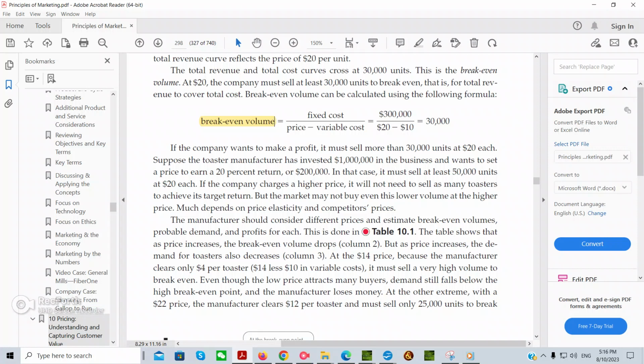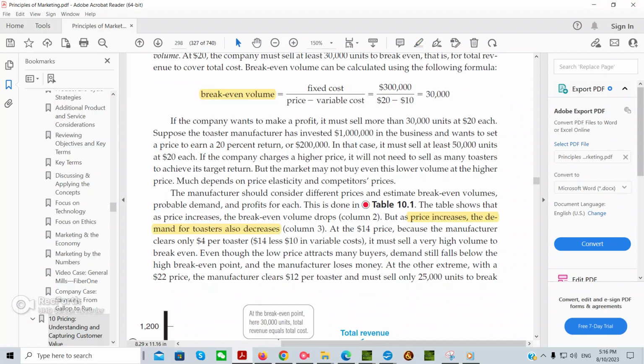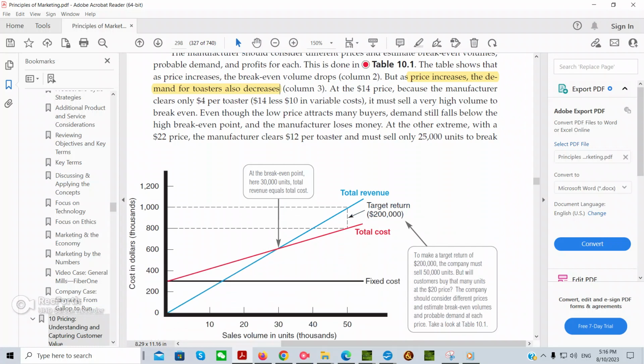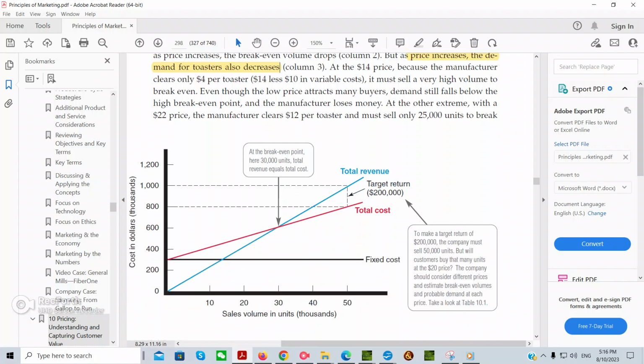As the price increases, the demand for toasters decreases as well. There is an incremental difference between each price increase, so that also has to be calculated. But as a general concept, as the price increases, the demand decreases. This stuff is not difficult, honestly.